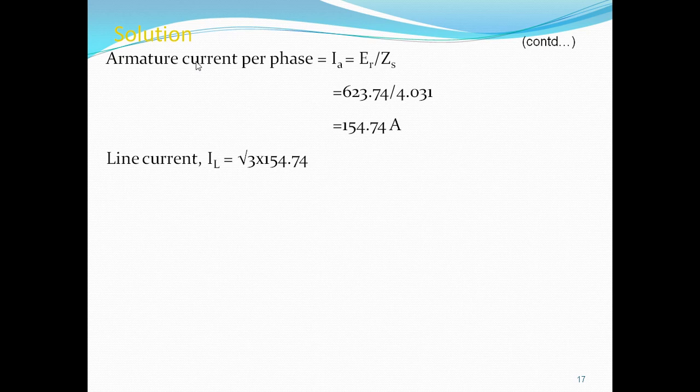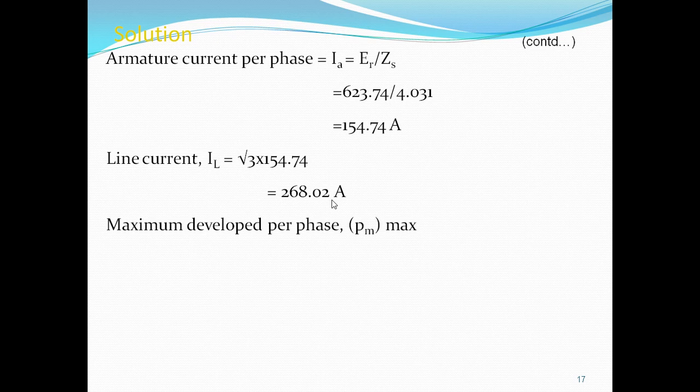So this is the armature current per phase, that is the phase current. To get the line current, multiply with root 3. So IL is equal to root 3 into 154.74, which gives a value of 268.02 amps.